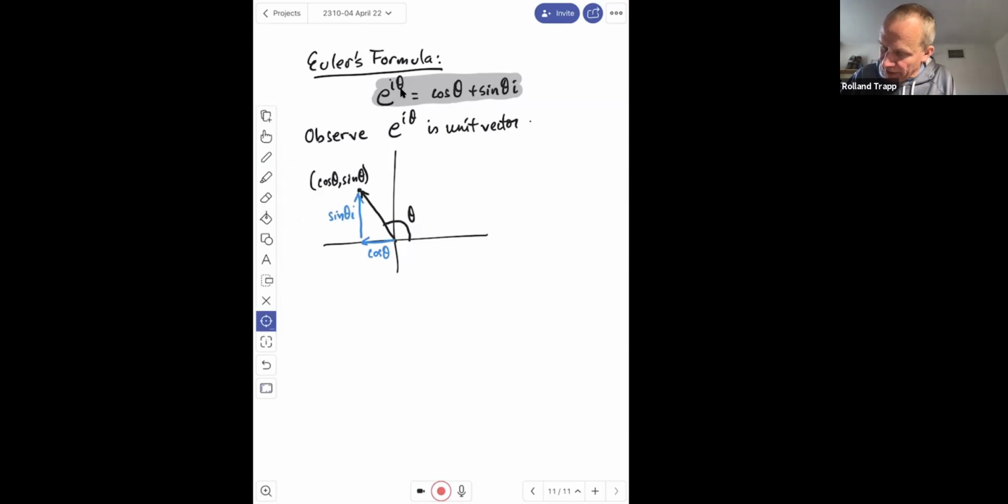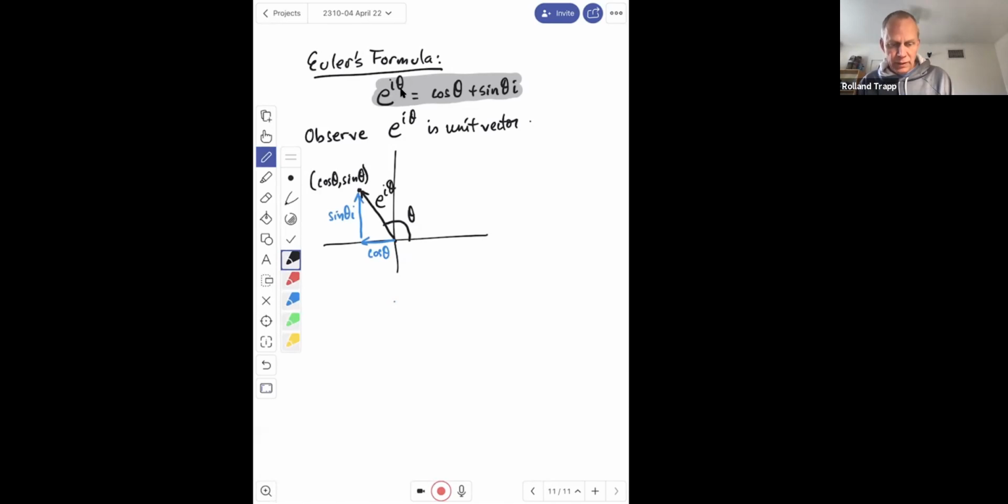Cosine theta is just the real part, so it's a horizontal vector. Sine theta times i is a purely imaginary number, so that's a vertical vector. If you go cos theta across and up sine theta, you get to e to the i theta. That's what Euler's formula says. So they're always unit vectors.